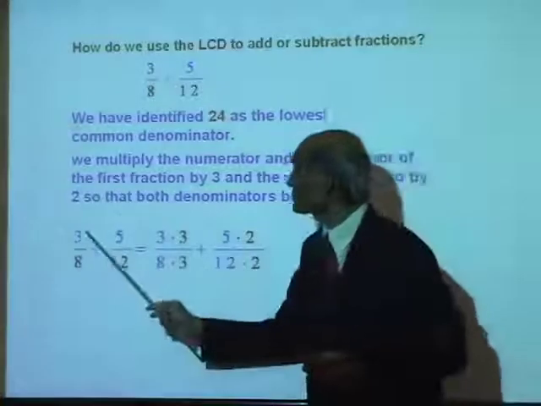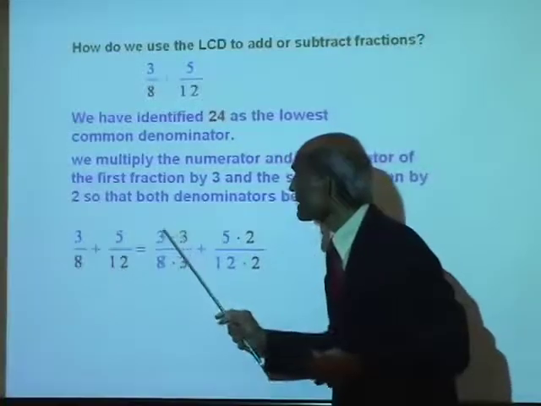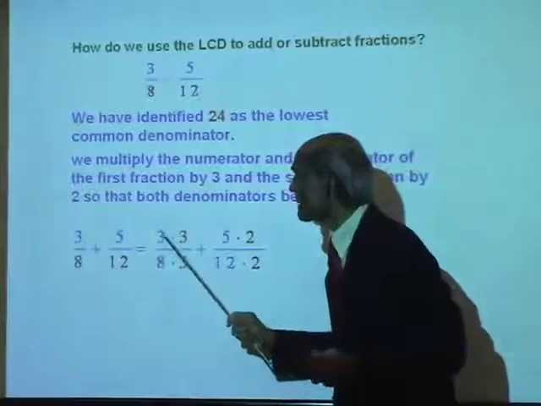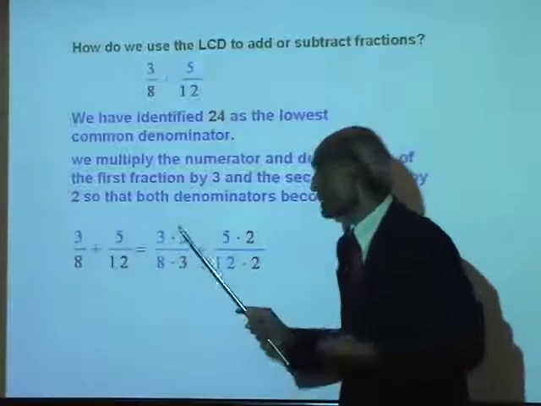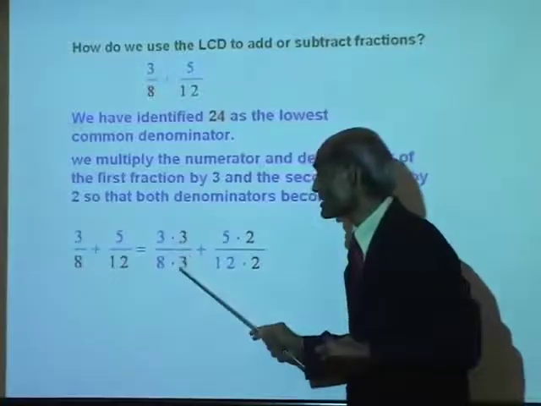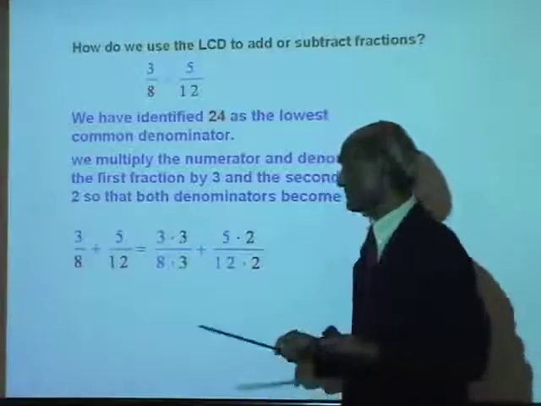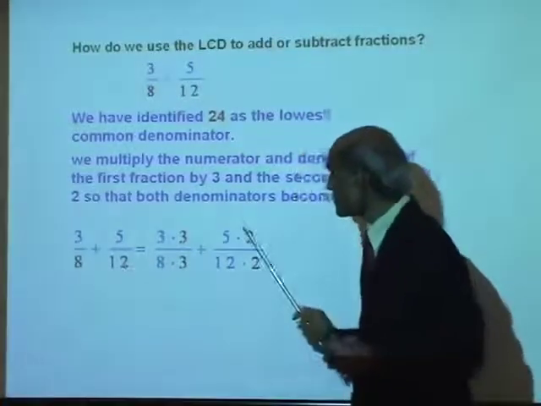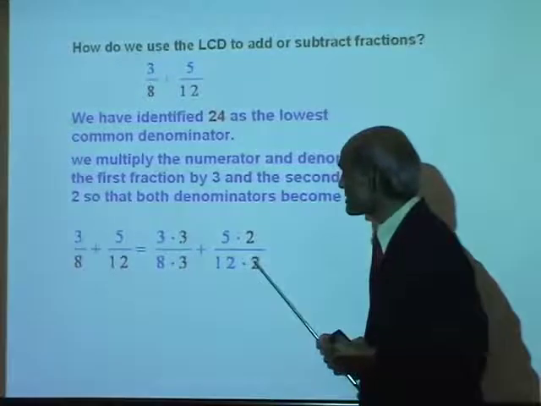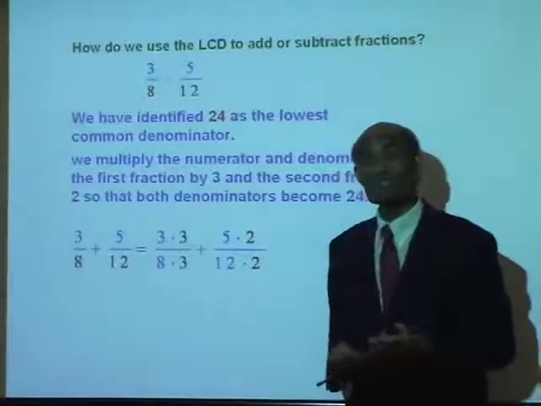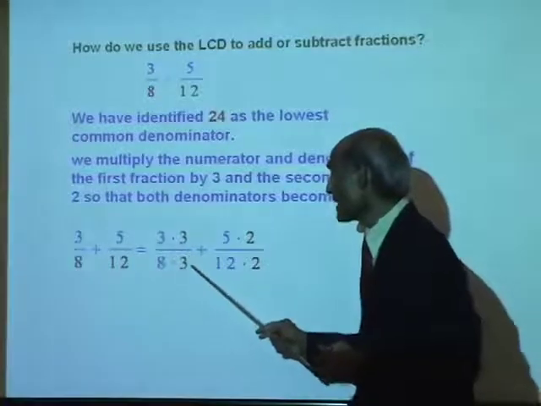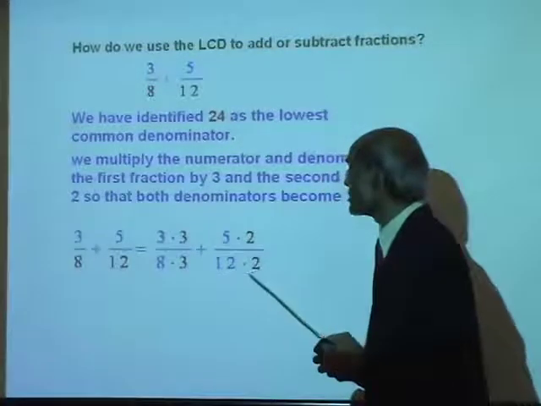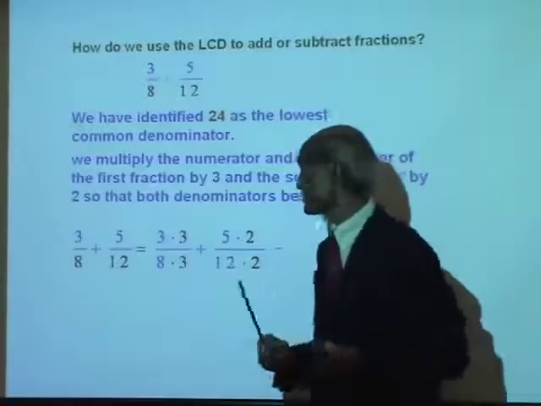Look at this. 3 over 8 is the same as 3 times 3 divided by 8 times 3. You multiply the numerator and denominator by 3. Similarly, for the second fraction, we multiply the numerator and denominator by 2. What did we achieve? We made the denominators of both fractions the same.